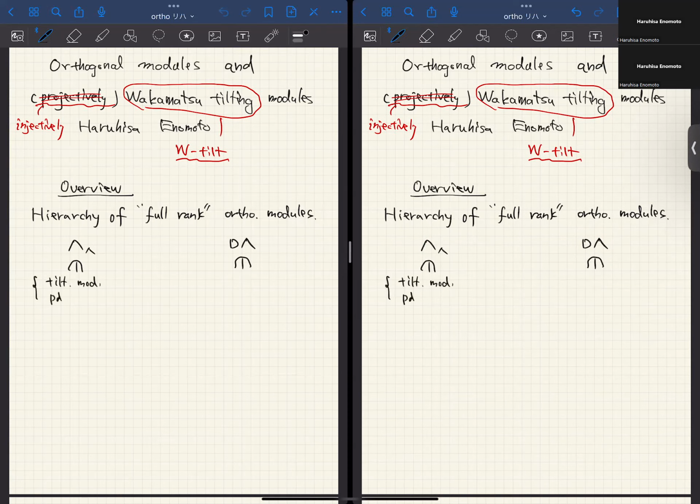Here for tilting modules, I don't assume that projective dimension is at most one, so arbitrary finite projective dimensions are allowed. And we can consider cotilting modules with finite injective dimension. I will record this later.